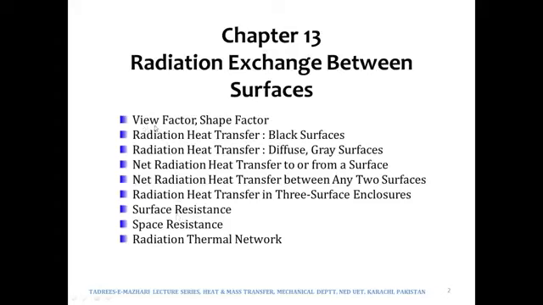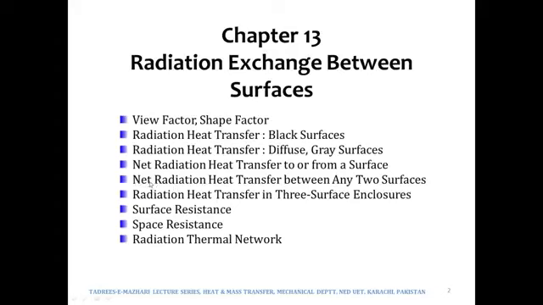We would be covering the topic of view factor or shape factor, and then radiation heat transfer between black surfaces, radiation heat transfer from a gray surface, net radiation heat transfer to or from a surface. And while discussing net radiation heat transfer to or from a surface, we will come across this concept of surface resistance.